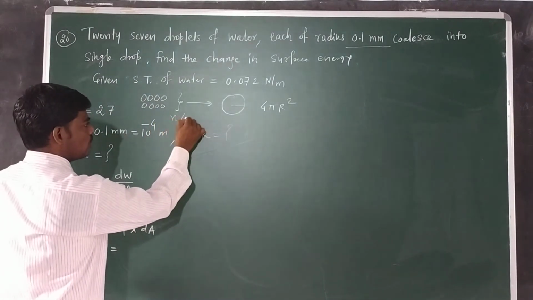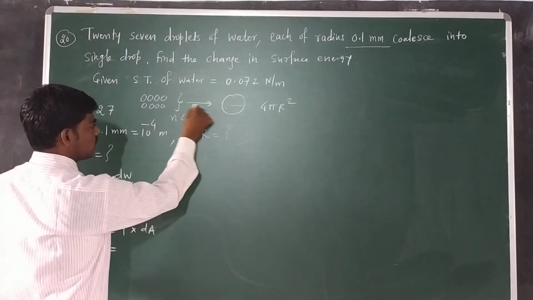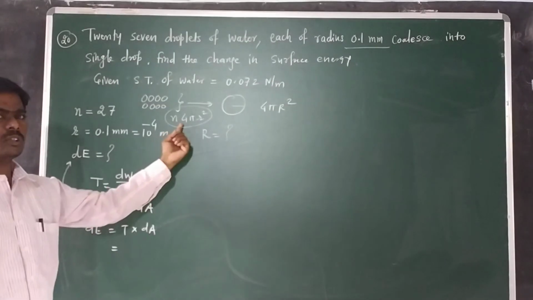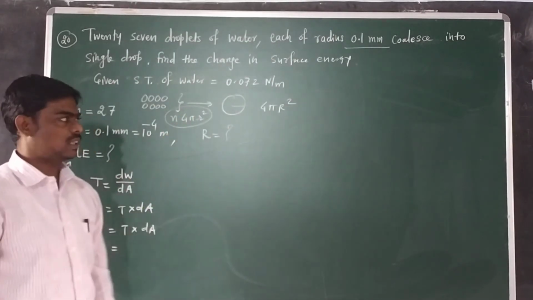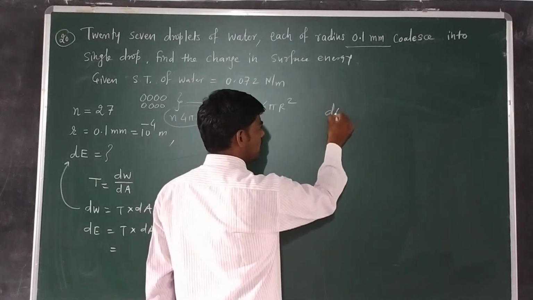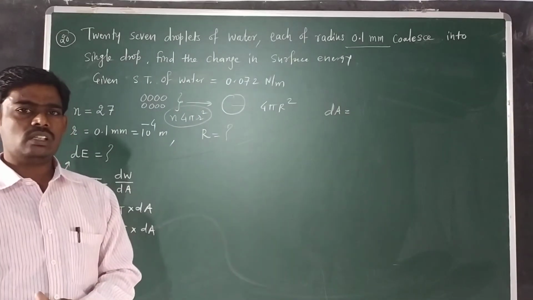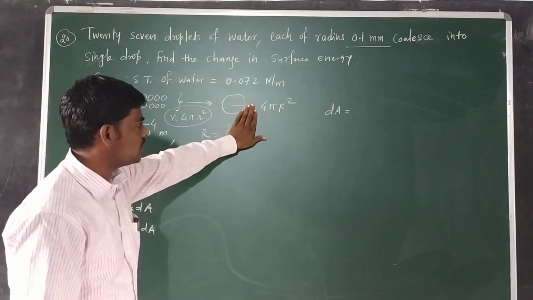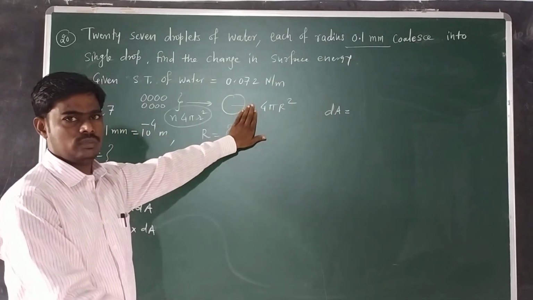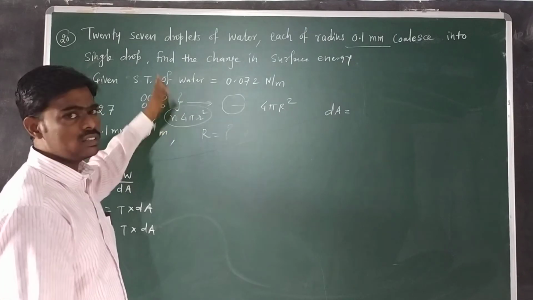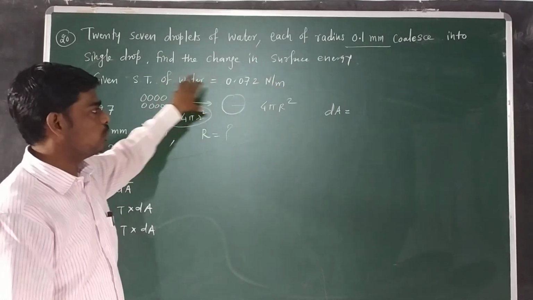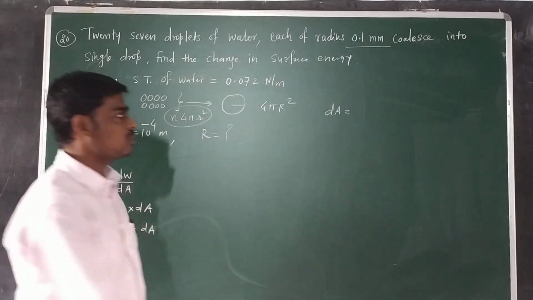This is the initial surface area, this is the final surface area. So dA, that is the change in surface area, becomes final minus initial. Here the final surface area is less and the initial surface area is greater. Therefore this difference becomes negative.